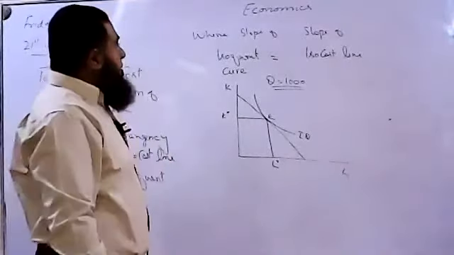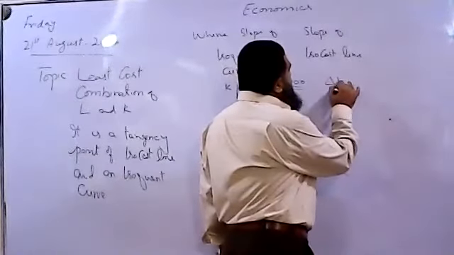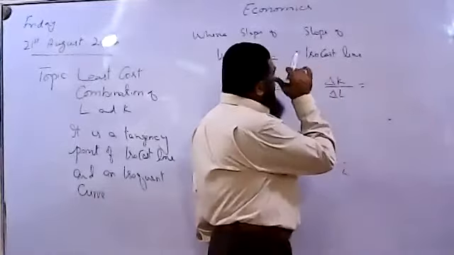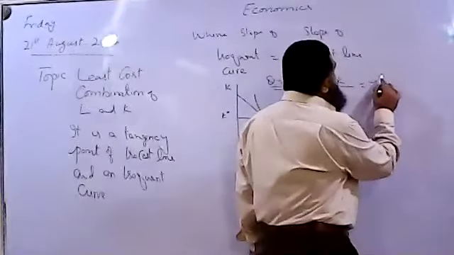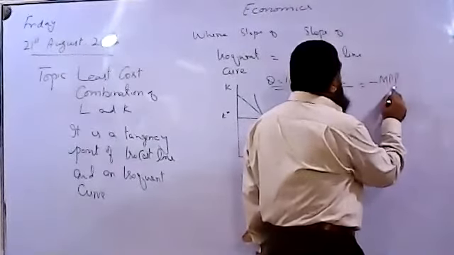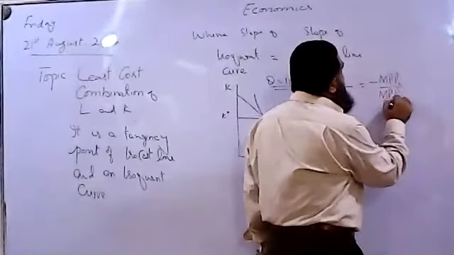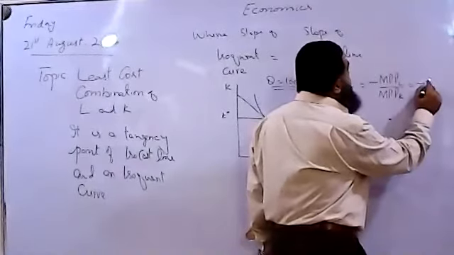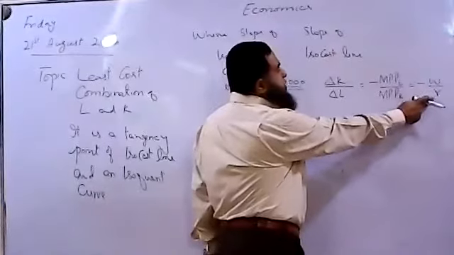So here, slope of isoquant, we can say, is change in capital due to change in labor. What is the slope of isoquant? Yesterday we studied that it is minus marginal physical product of labor over marginal physical product of capital, which should equal minus W over R, the slope of isocost.